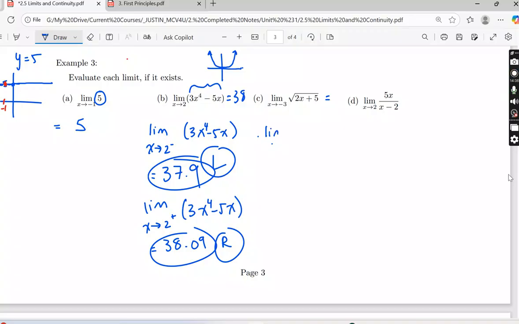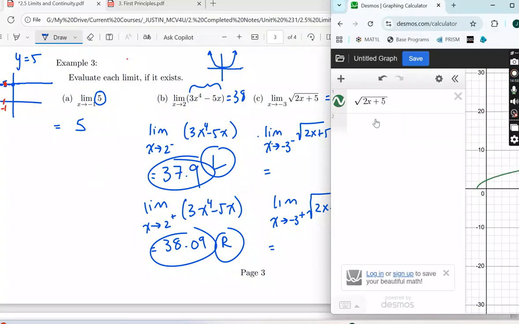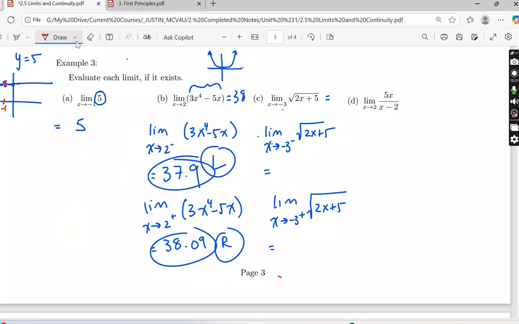So limit as x approaches -3 from the left of square root of 2x plus 5 is equal to limit as x approaches -3 from the right of square root of 2x plus 5. Okay, both of these values are not going to exist, but let's do it anyway. And again, if you have a hard time picturing that, draw a number line.